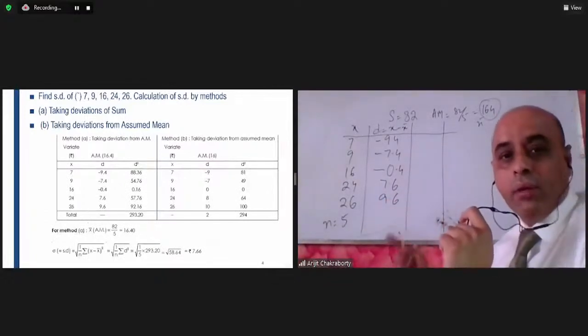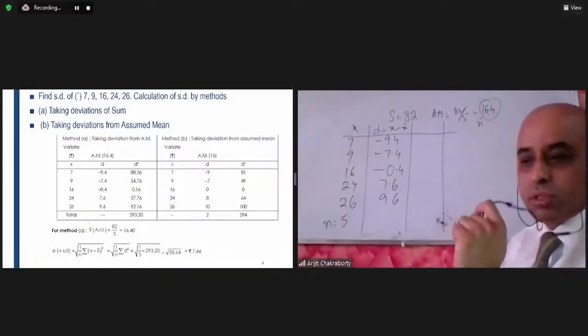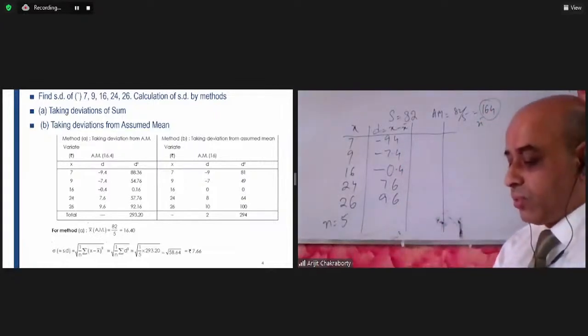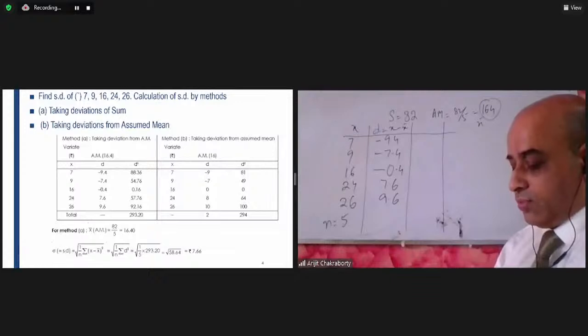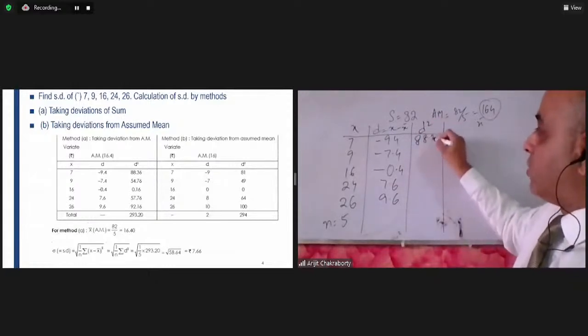Okay. Now we will calculate the square of the deviations. So let us just calculate 9.4 square. So 9.4 into 9.4. You can just calculate and check. So we are getting 88.36. So this is D square, 88.36.